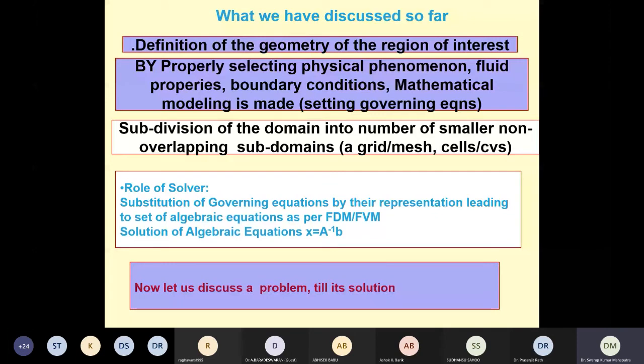The person who will be using the software should be very careful, in the sense that the physics of the problem should be known to them. Otherwise, it is a black box: with a wrong input, garbage input, the output will also be garbage. So one should be very careful in handling software. Therefore, prior to undertaking any problem, its physics needs to be roughly understood.